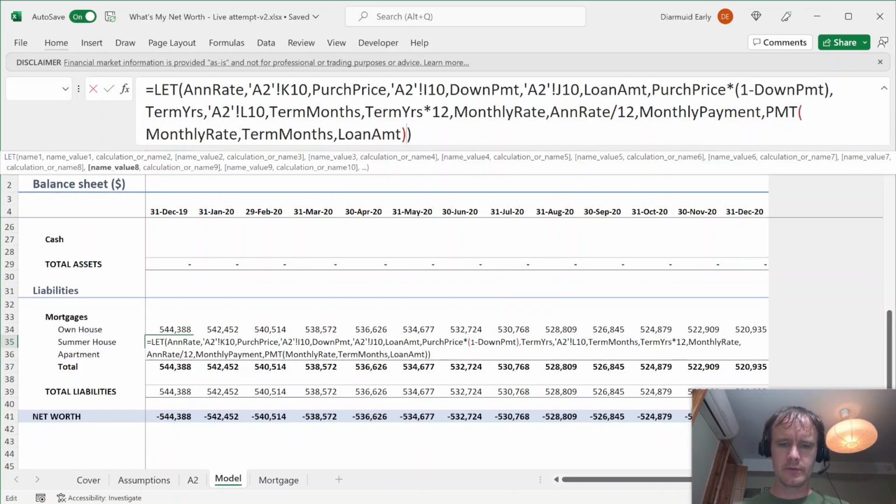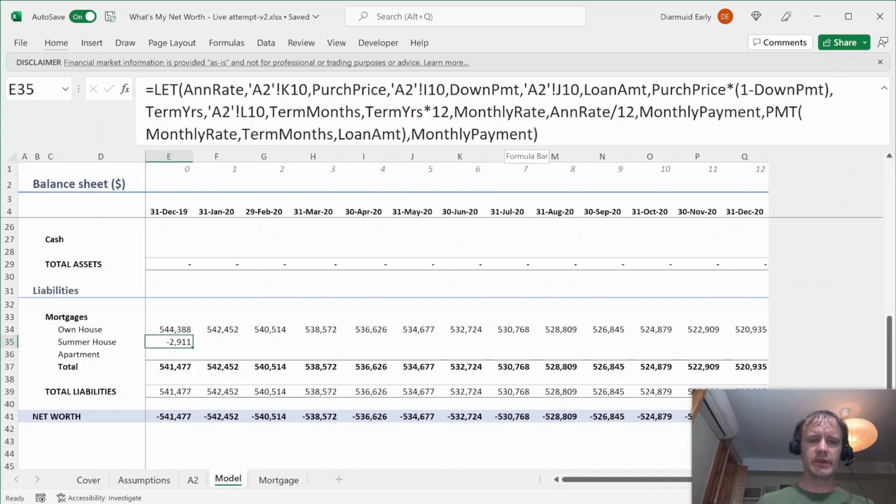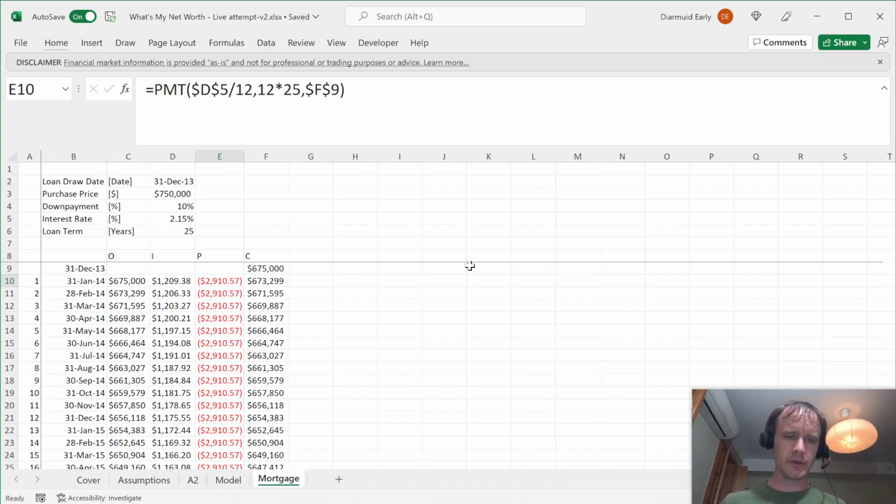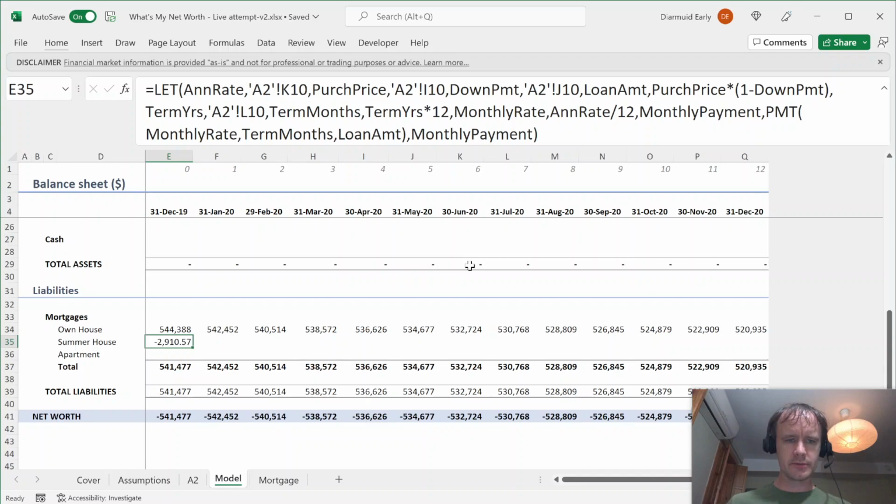Sorry, and then I need to enter an output. So the output I want to give is my monthly payment. So that's one example, and you can see 2911 should match up with that 2911. We give it 2 more decimal places, we get to 57 cents.